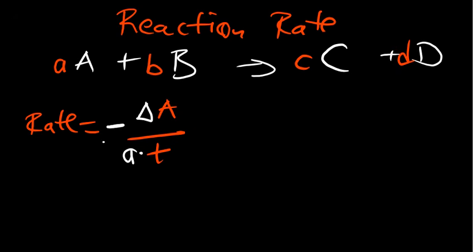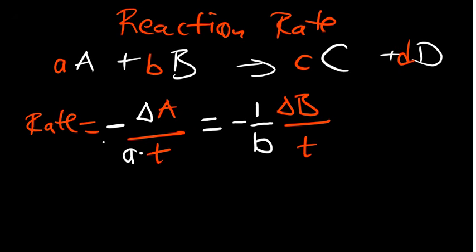Okay, so this is also equivalent to, somebody else may say, you are looking at reactant A, I'm going to look at B. So I can say it's also negative 1 over the stoichiometric coefficient b multiplied by the change in concentration of B divided by the time that it is going to take.